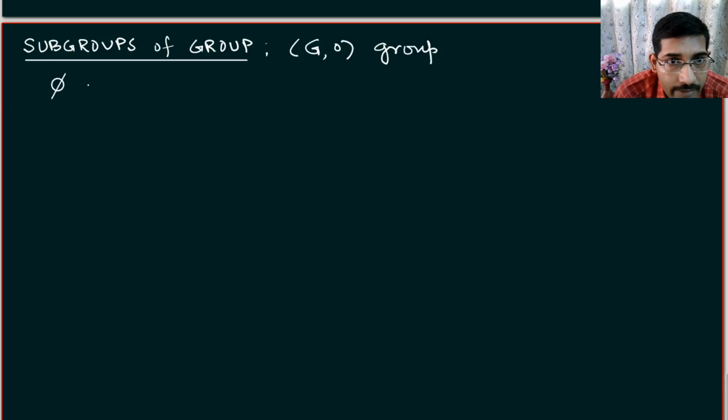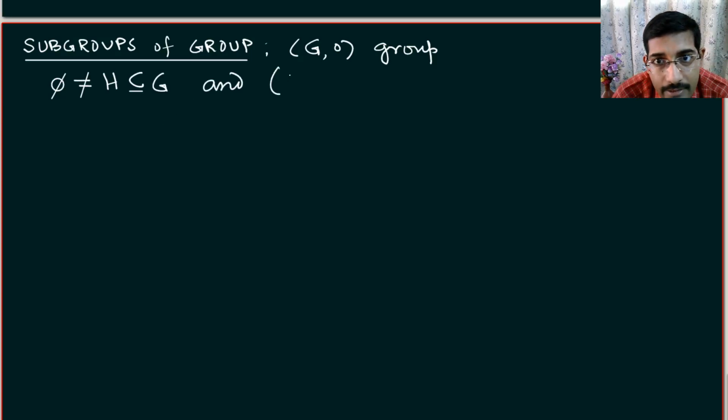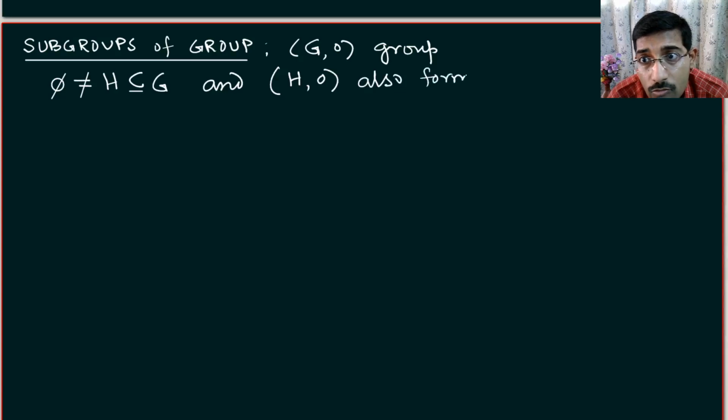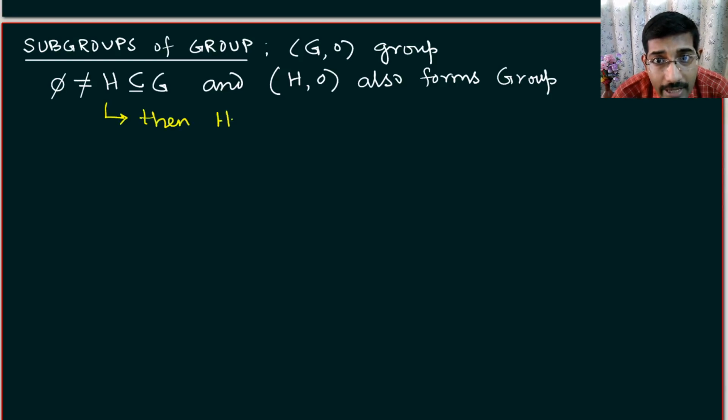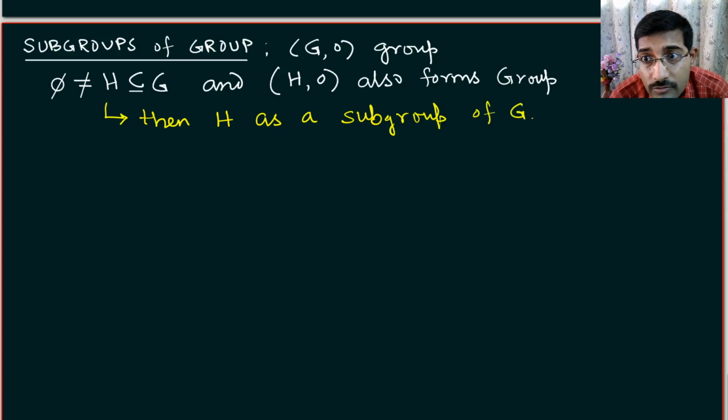We will define non-empty subsets H, which is a subset of G, and under the same operation, those elements present in this subset also form a group. If this happens, then I call H a subgroup of G.